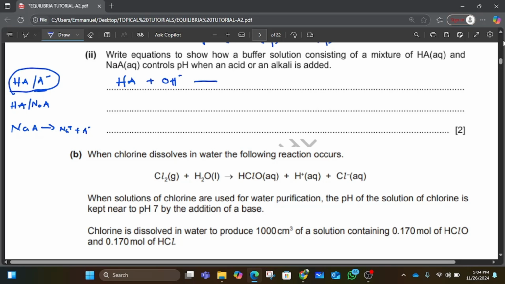And you know what acids do? They donate a proton, and so this acid is going to donate a proton to the base, and that is going to give you A minus plus H2O, all of them aqueous.